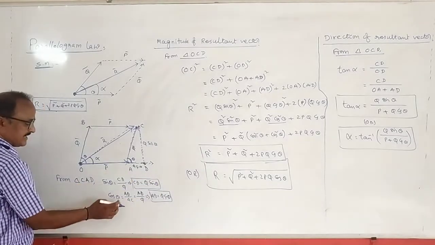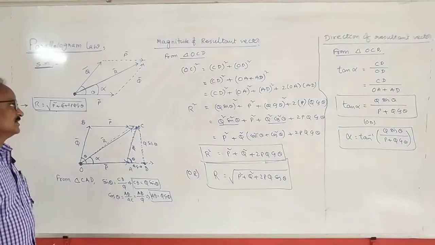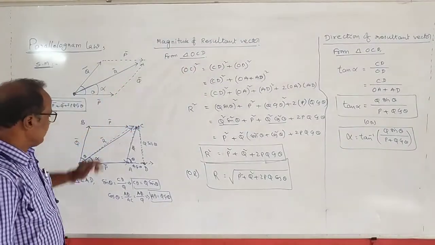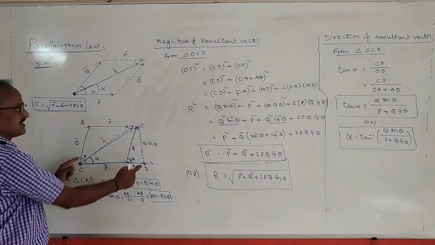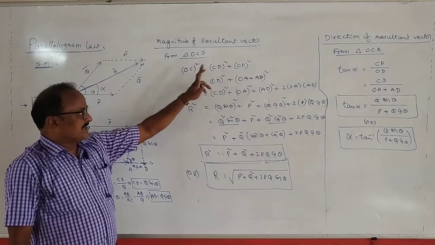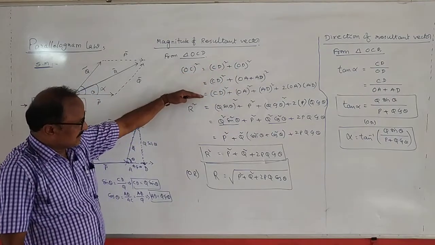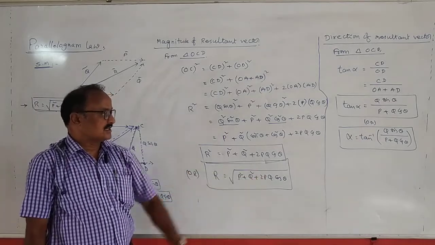And from the same triangle, cos theta is equal to AD by Q, so AD is equal to Q cos theta. For the magnitude of the resultant, from the triangle OCD, hypotenuse square is equal to side square plus side square, and deriving like this, finally we get R equal to root of P square plus Q square plus 2PQ cos theta.